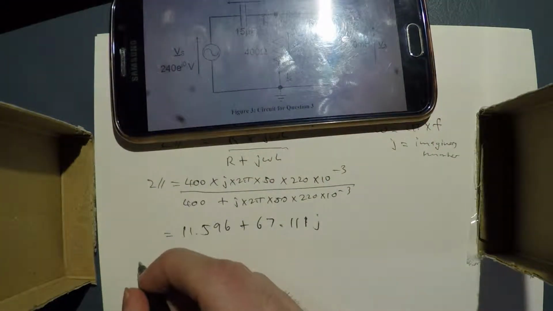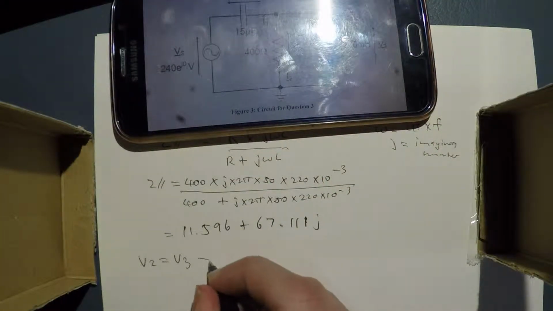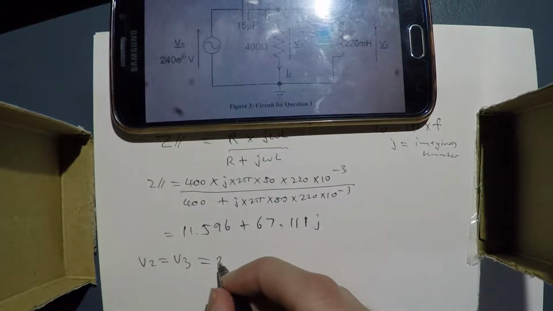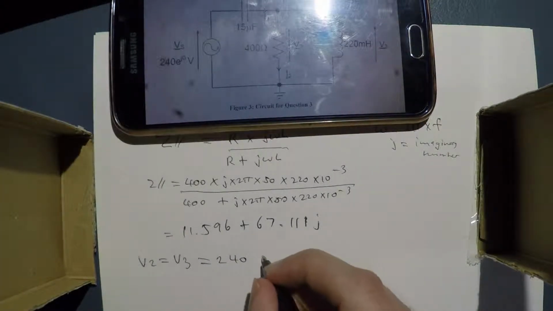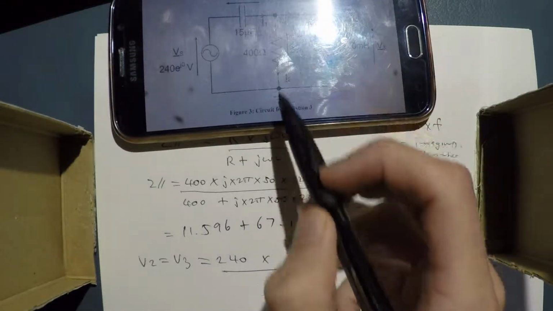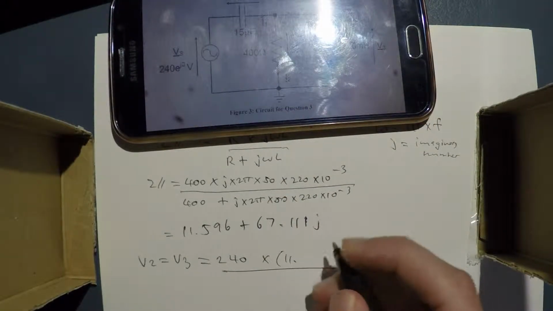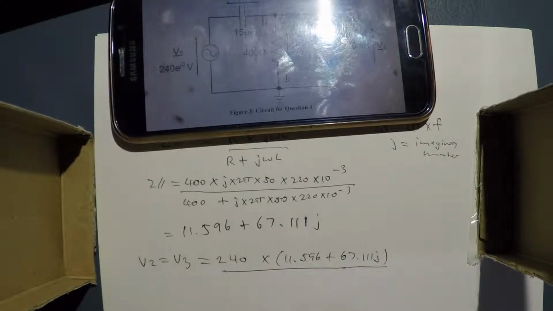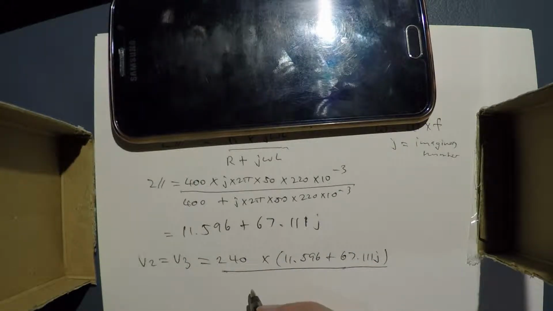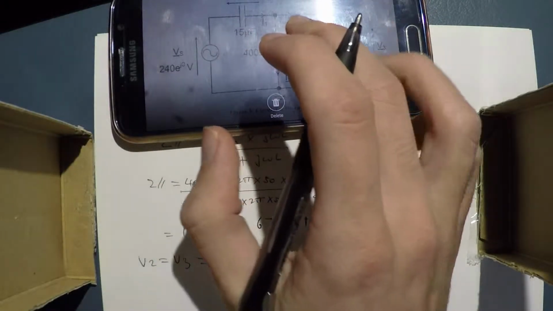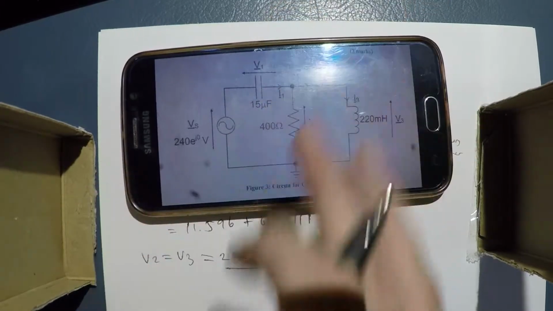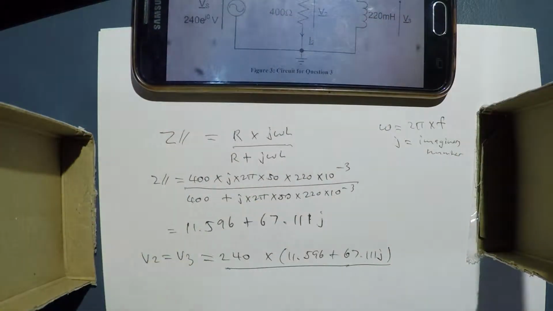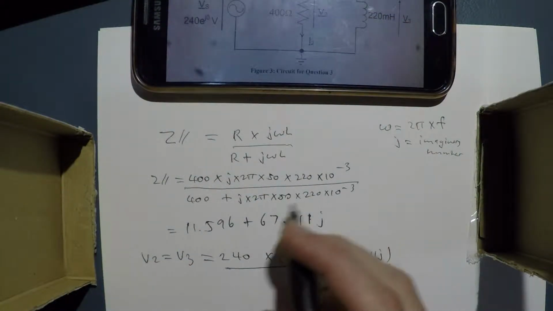So we can say that V2 equals V3, which equals the 240 volt source multiplied by the impedance of this, which is 11.596 plus 67.111 J, and that's over the impedance of the capacitor plus the parallel impedance of the resistor and inductor.